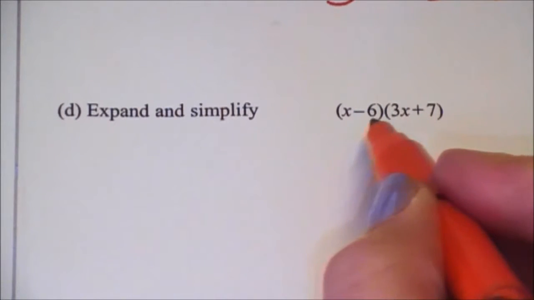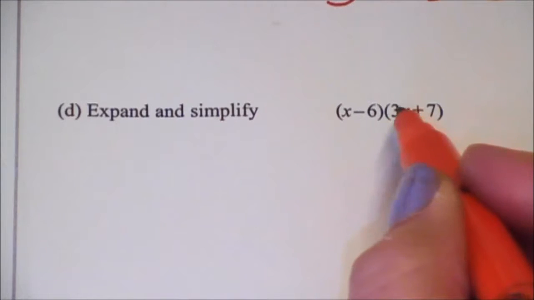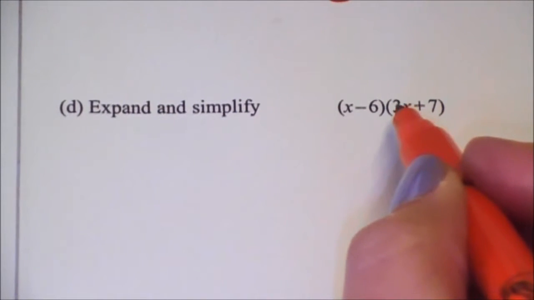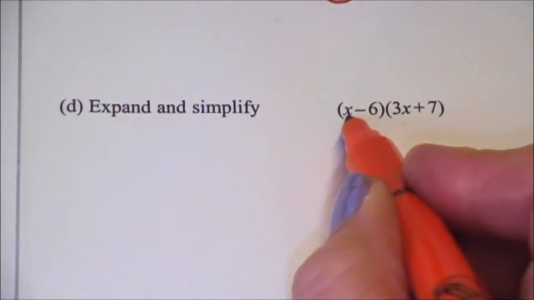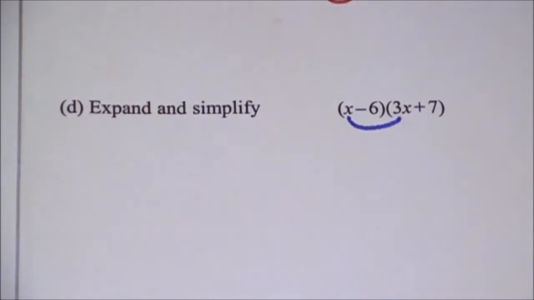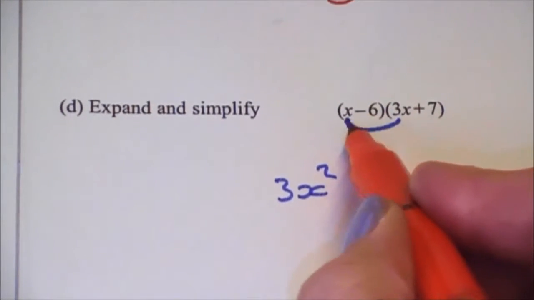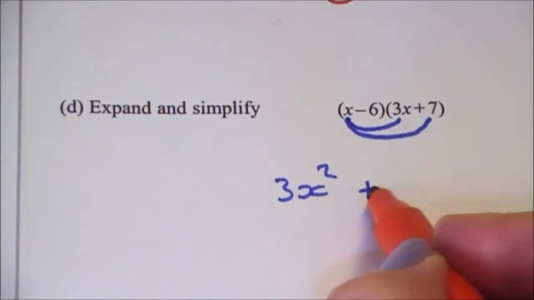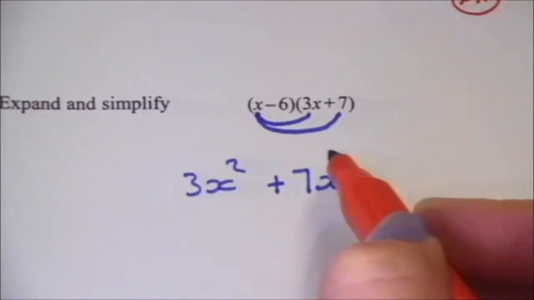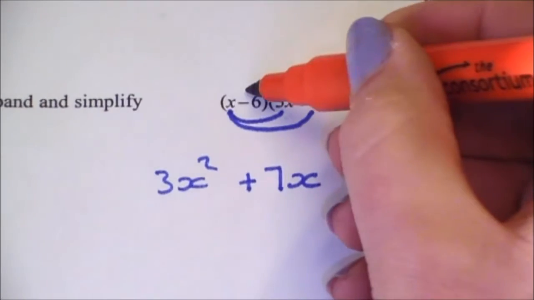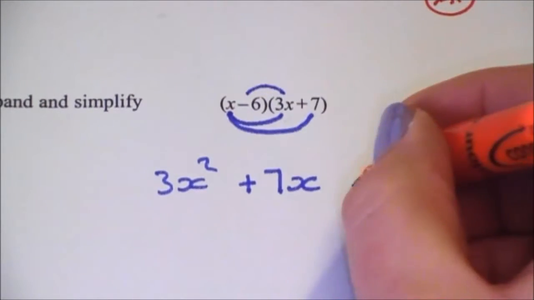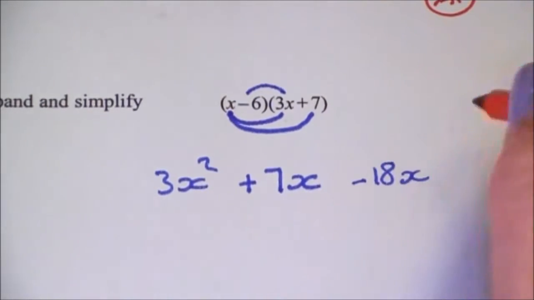Question 2D, expand and simplify. Now this is a little bit trickier than usual, only because we've got a coefficient on that x. So what I've got now is x times by 3x, which is 3x squared. I've then got the x times by the positive 7, which is positive 7x. Here I've got negative 6 times 3x is negative 18x.